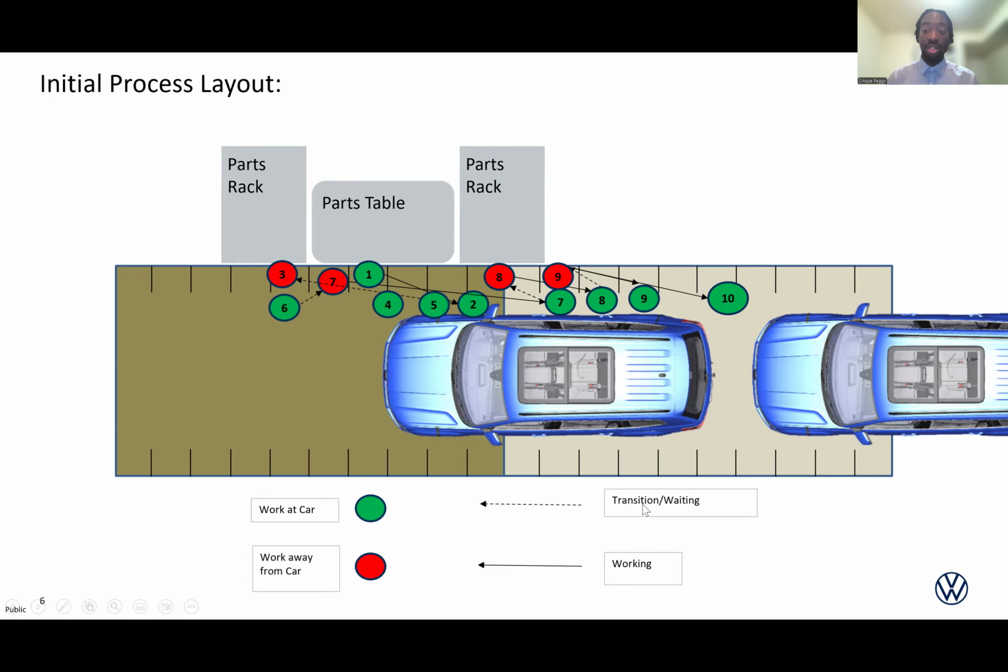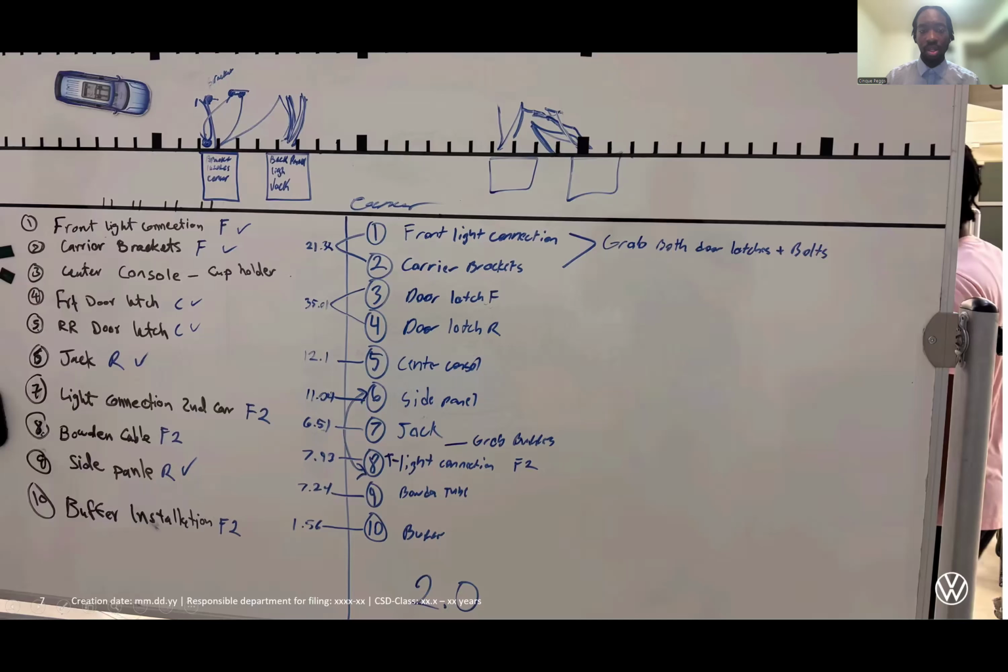And the transition slash waiting is going to be indicated by dotted lines, while working is going to be indicated by solid lines. So keep in mind, these cars are moving on a hanger. So notice we have a lot of back and forth, back and forth, back and forth. So that's how it was initially.